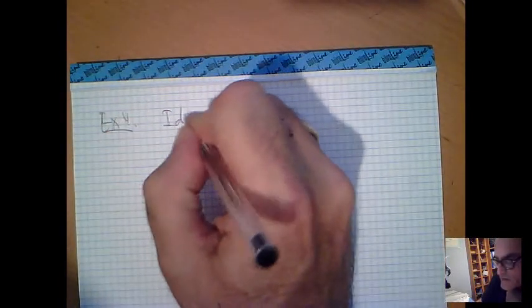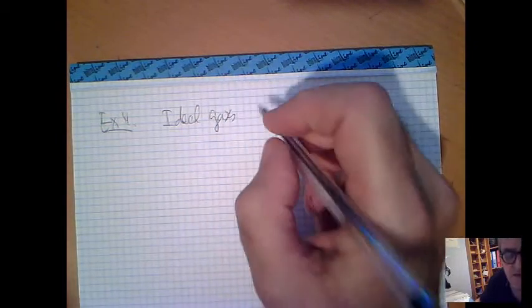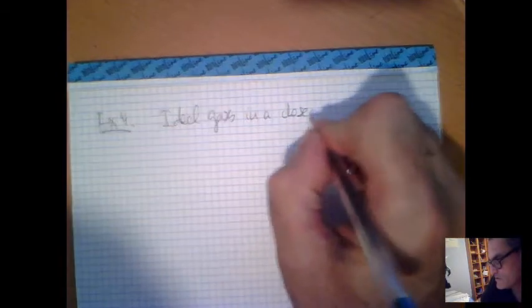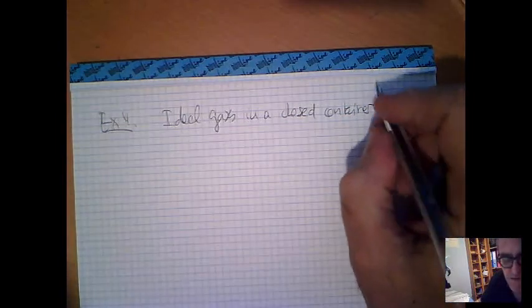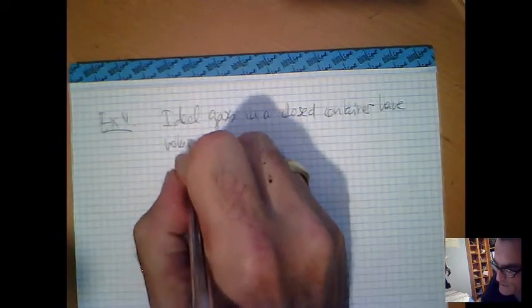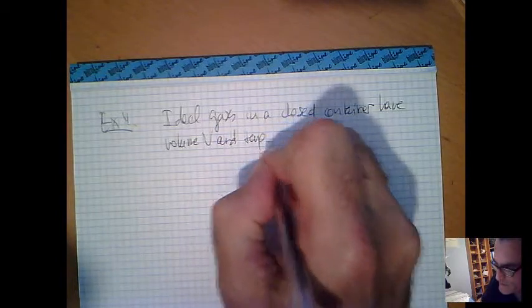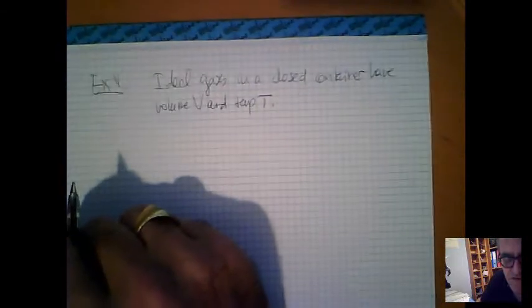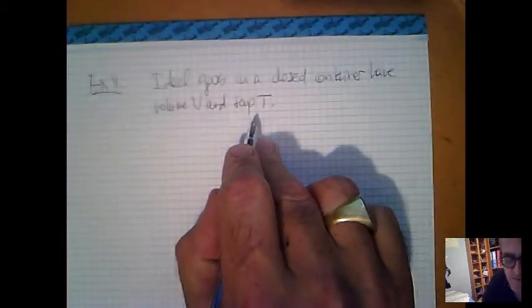It says the following: an ideal gas in a closed container has volume V and temperature T. So these are the initial conditions. We have an ideal gas in a container with some volume V and some temperature T.